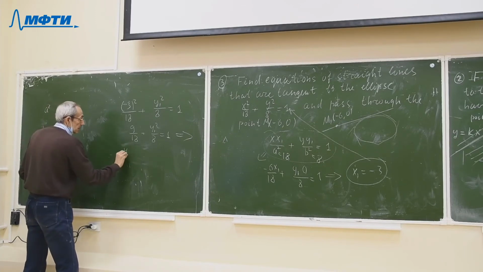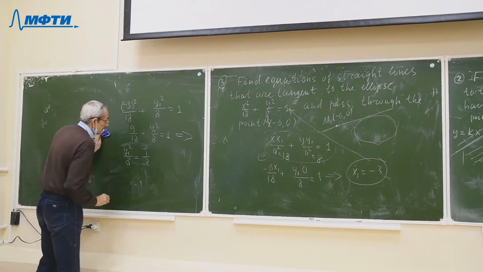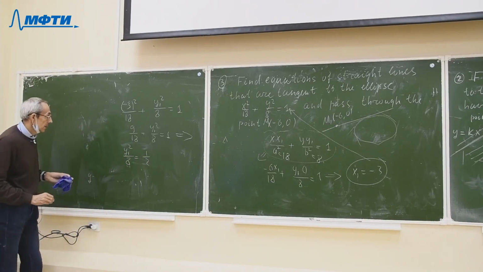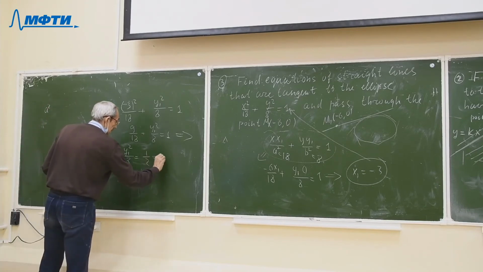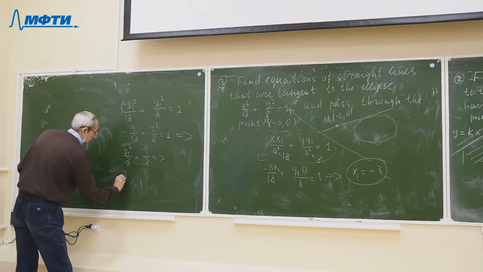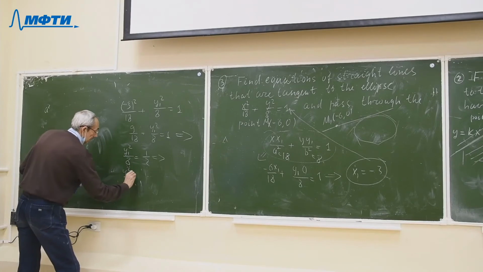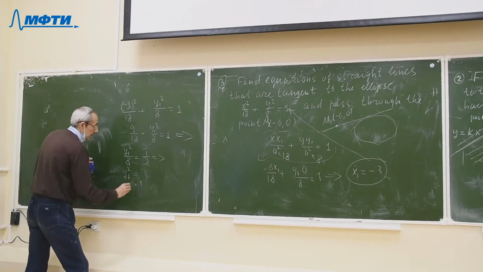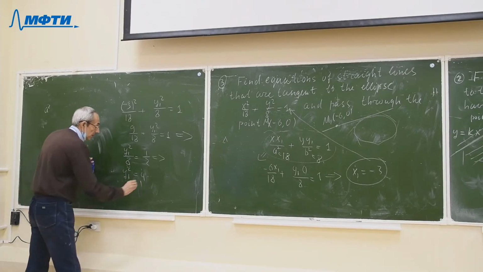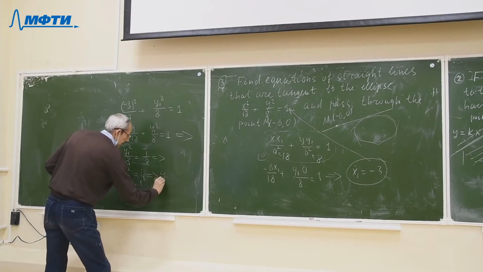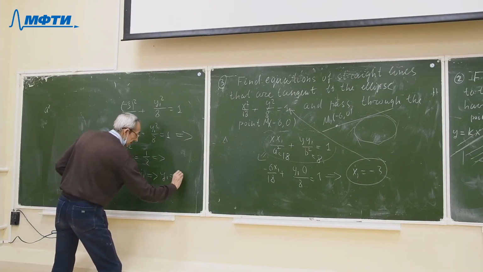Easy to see that y1 square divided by 8 is equal to 1 divided by 2, y1 square is equal to 4, and y1 is equal to plus or minus 2.